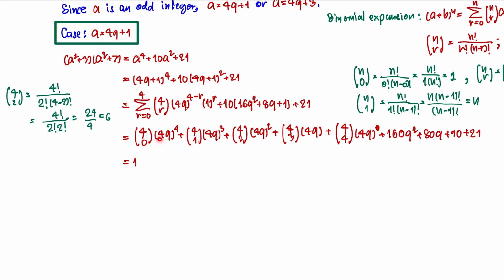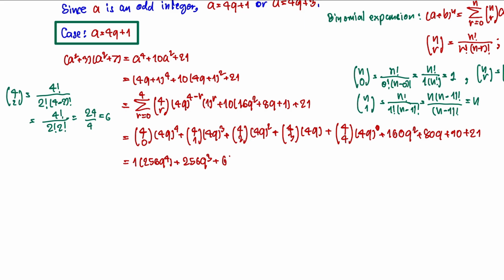Okay, now 4q to the 4th, 4 to the 4 is, okay, 2 to the 8 is 256, q to the 4. Okay, plus this one is 4, and we have 4 times 4 to the 3, so you're gonna have 256 q cubed, plus this is 6 times 16, right?